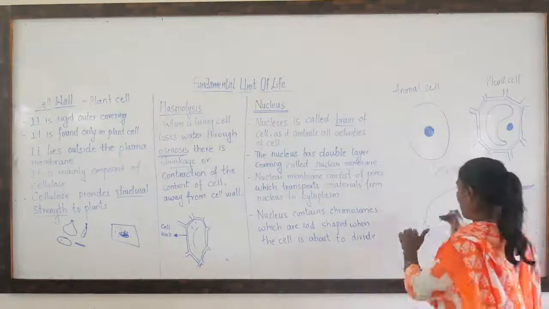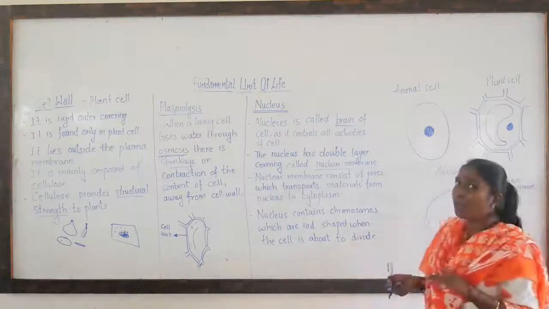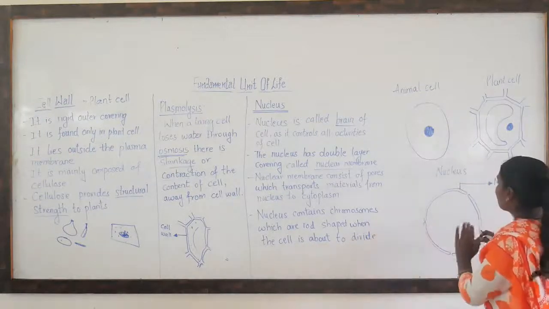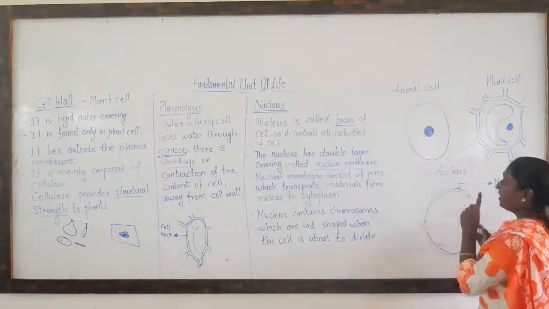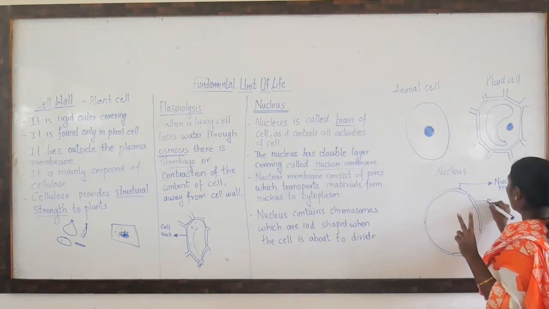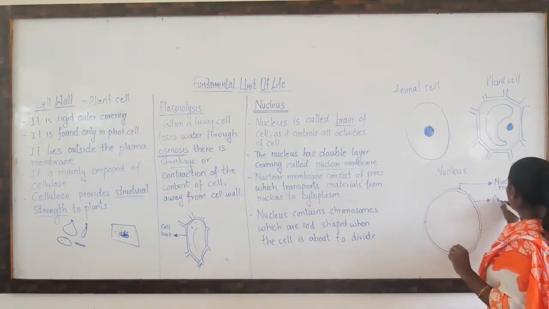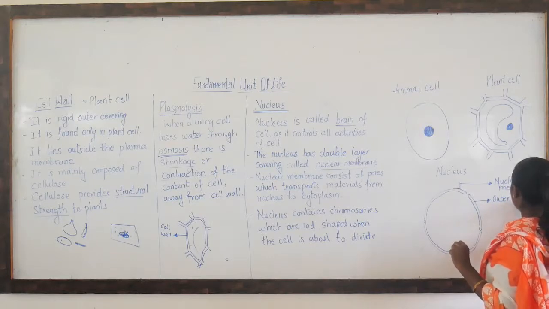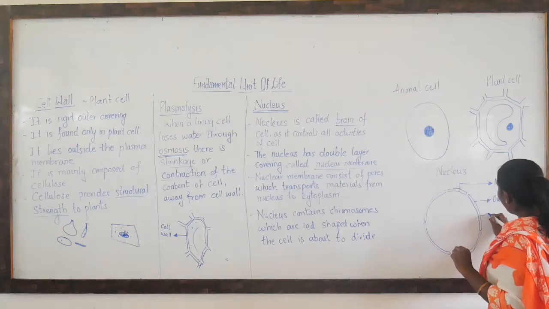Prokaryotics have no nuclear membrane. So this nuclear membrane is absent in prokaryotics. In eukaryotics, it is present. Now this nuclear membrane has two membranes as I said. This is the outer membrane and this one is the inner membrane.